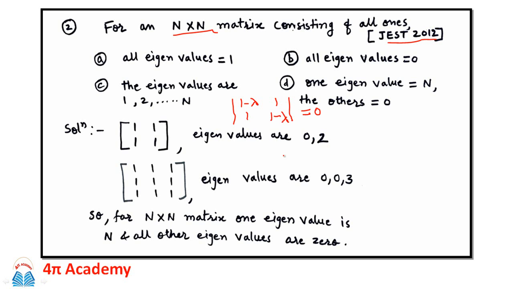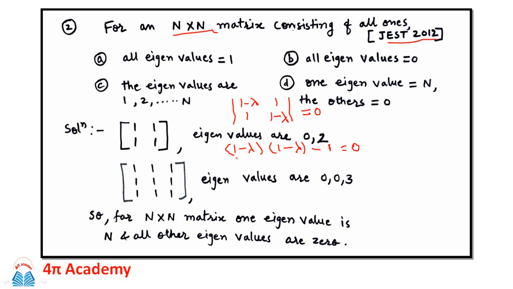So this will be 1 minus lambda into 1 minus lambda minus 1, and it is equal to 0.